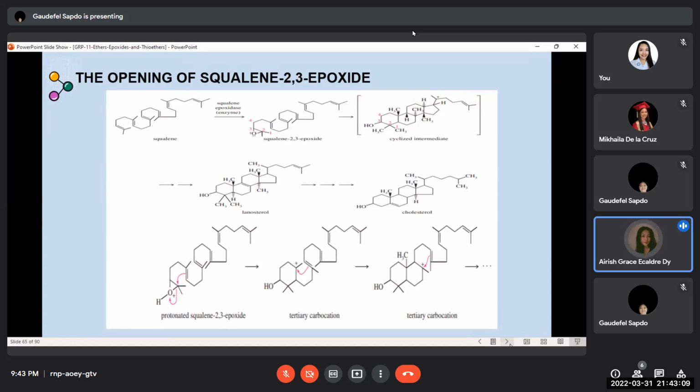The initial result is a tertiary carbocation. This initial carbocation is attacked by another double bond, leading to formation of another ring and another tertiary carbocation. A repetition of this process leads to the cyclized intermediate shown in this picture.